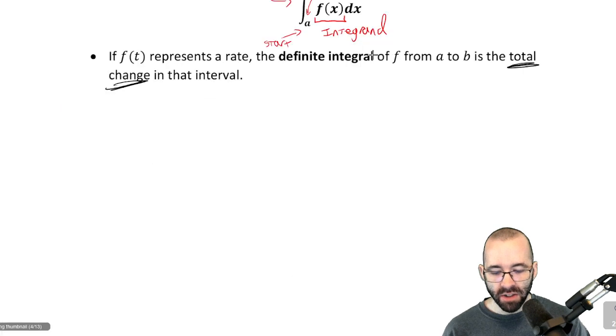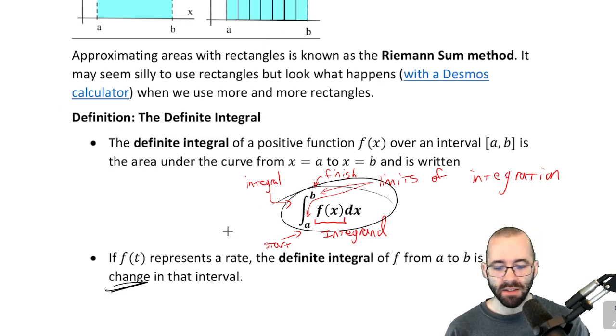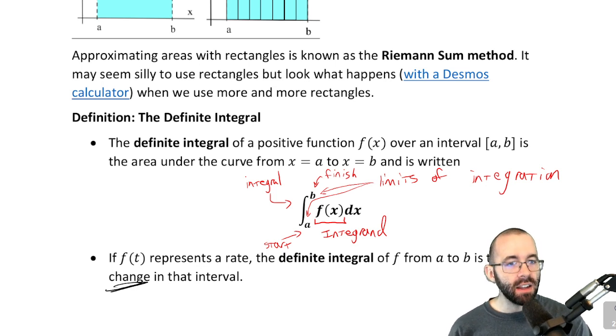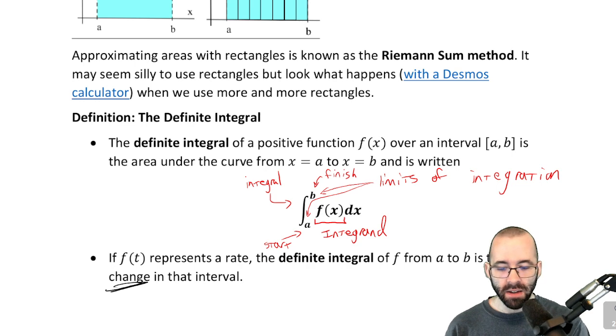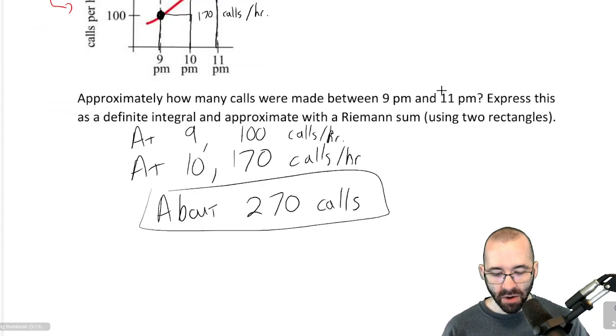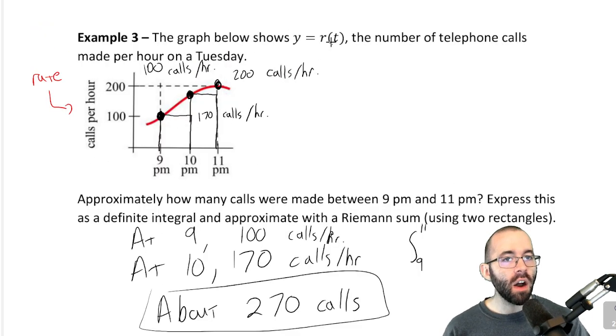Let's go back to our definition. This is what a definite integral looks like. And it is the area under the curve of a function from a to b. So, the area under the curve of the function between 9 and 11. What's our function? r of t.